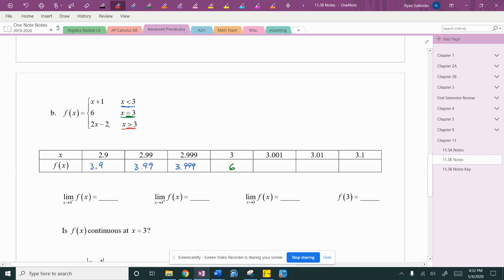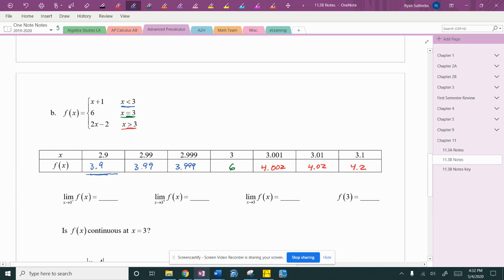When x is greater than 3, we're going to plug into 2x minus 2. And so if you plug that into your calculator, you would get 4.002 for this one. For 3.01, 4.02. For 3.1, 4.2.